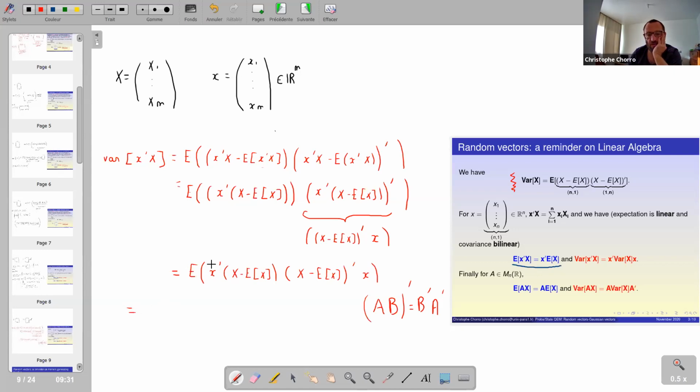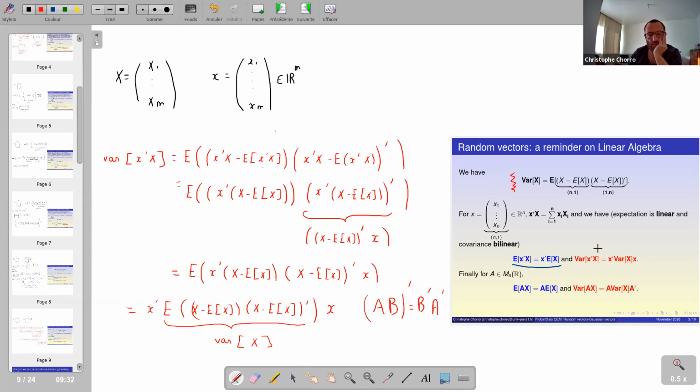So this is a number that you can remove by linearity from the expectation. It's exactly what I have written here. And I can do the same for this one. I can remove this one from the expectation using, once again, the linearity. And here you recognize the variance of x.